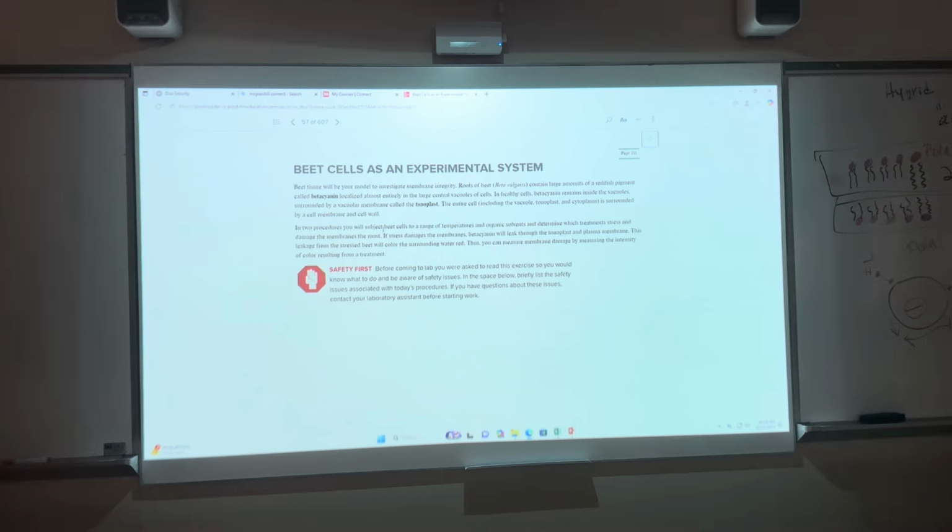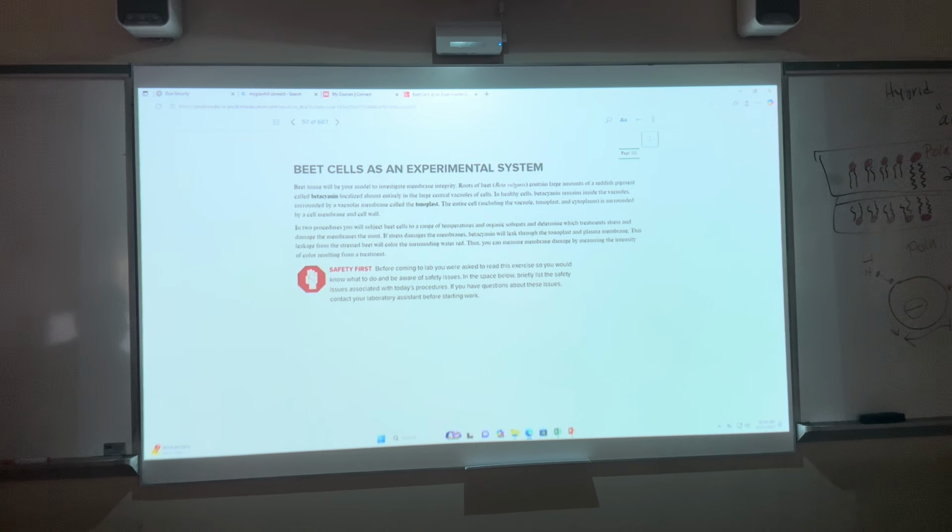You know this membrane is made of phospholipids. So if you subject it to hot heat, it's going to disintegrate and fall apart. This experiment is to subject stress to the plasma membrane of the beet and see what the results are. If the stress damages the membrane, the betacyanin will leak through the tonoplast and the plasma membrane.